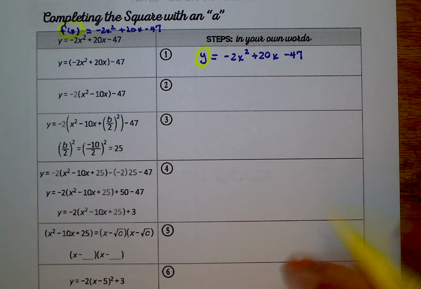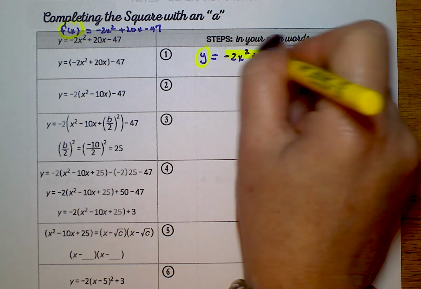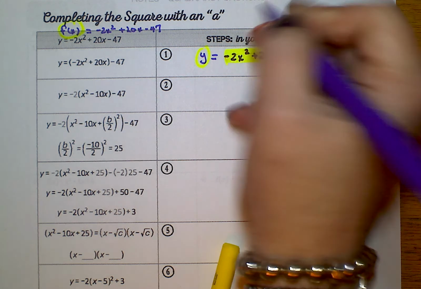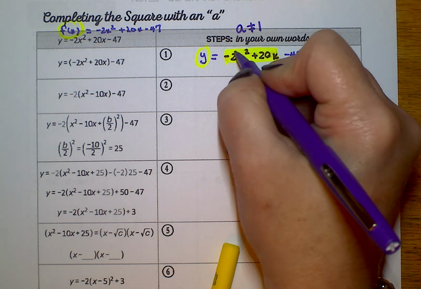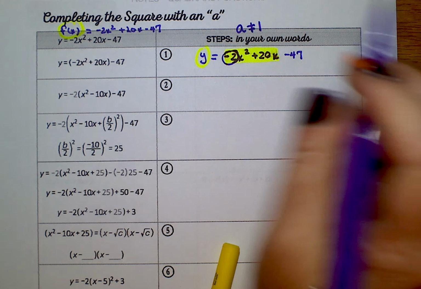The first thing that you want to do, if you recall, is group those first two things together. This is where A is not equal to 1. Notice that my A is not equal to 1.